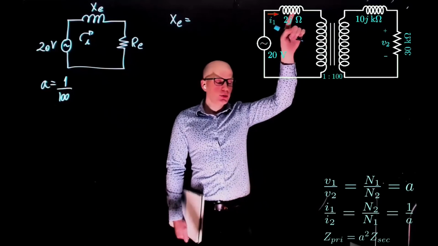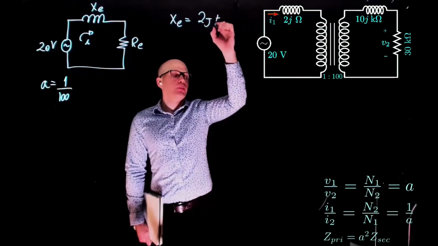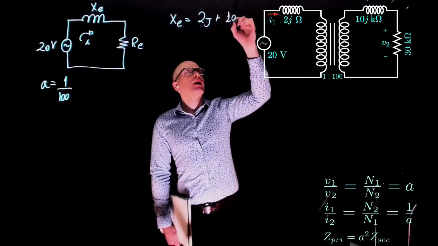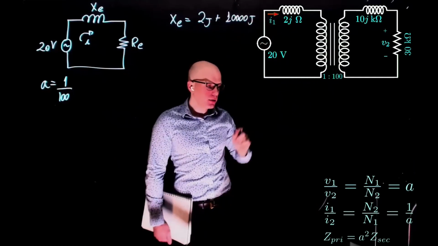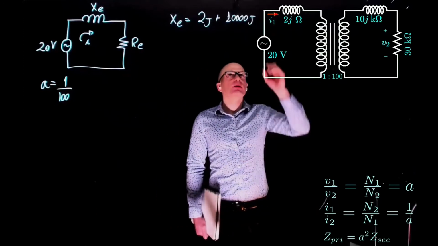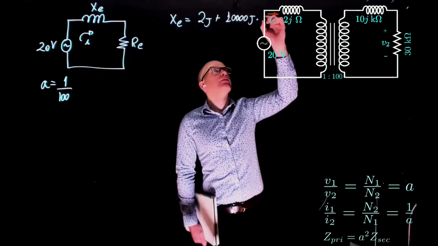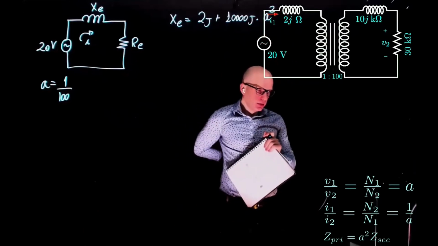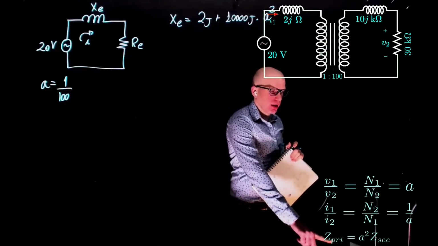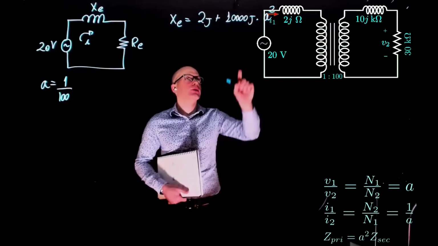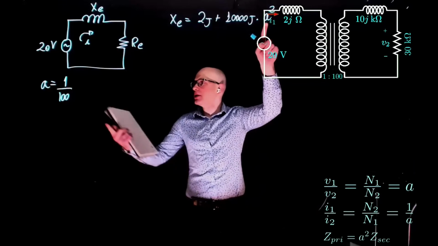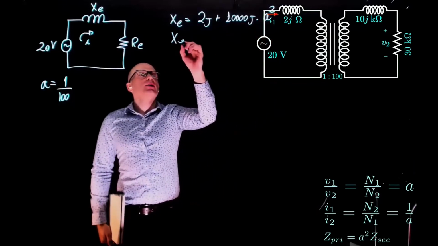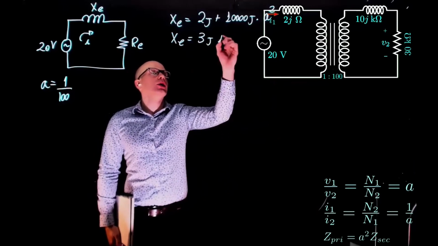It's 2j plus 10,000j times A squared. A squared is the impedance transfer again. So 10,000 times A, where A is 1 over 10,000, gives 1j. X equivalent is 3j ohms.